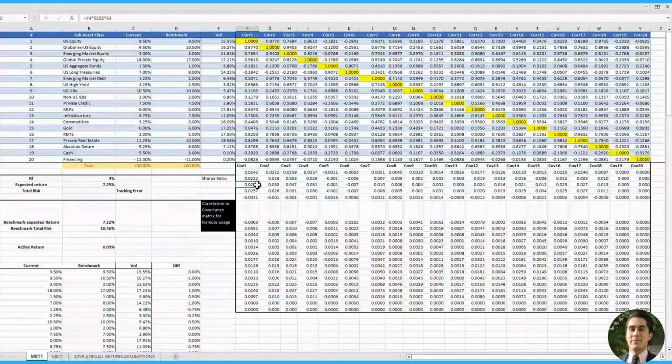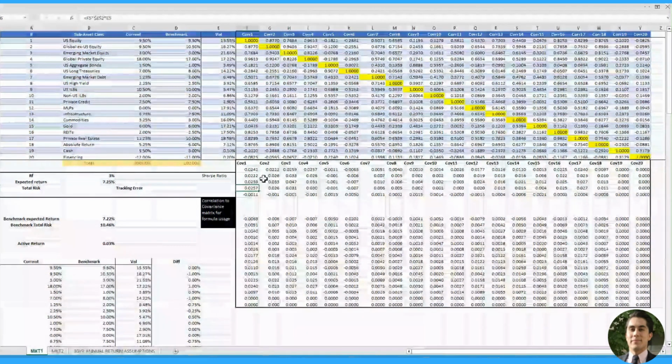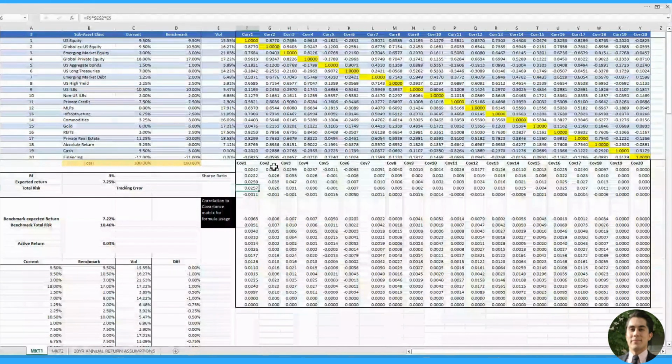So we keep going, row number 25, which will be the covariance of US equity to emerging market equity. Again, F4. It's the correlation here times the volatilities. If you keep doing that, the only constant should be E2, which is the volatility. You will get everything you need for US equity.